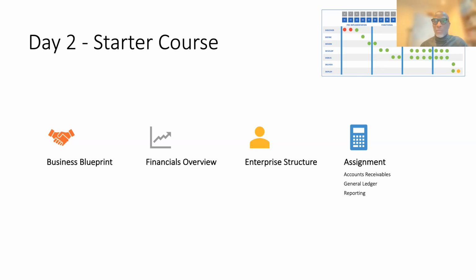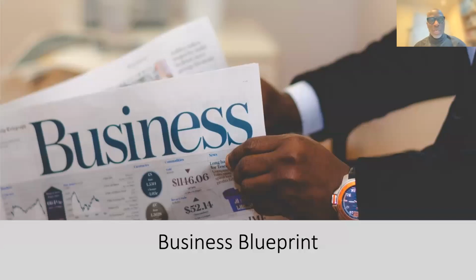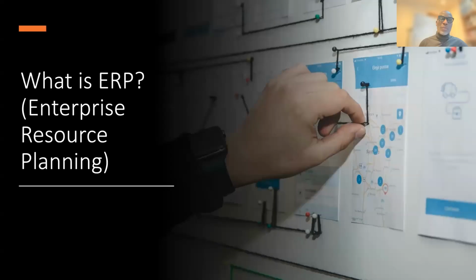So let's kick off with the business blueprint. With the business blueprint, I'm going to start off by looking at what ERP is and looking at a case study of the model for generic businesses, and looking at how ERP can help in process improvements and also controls and also recording the financial transactions.